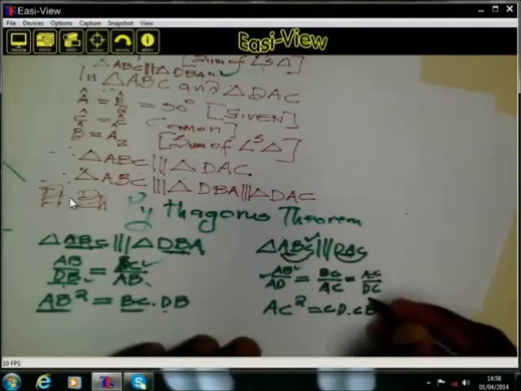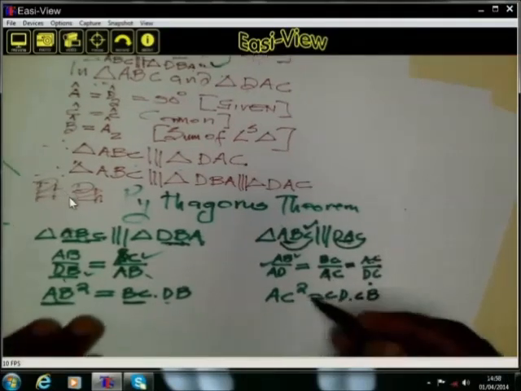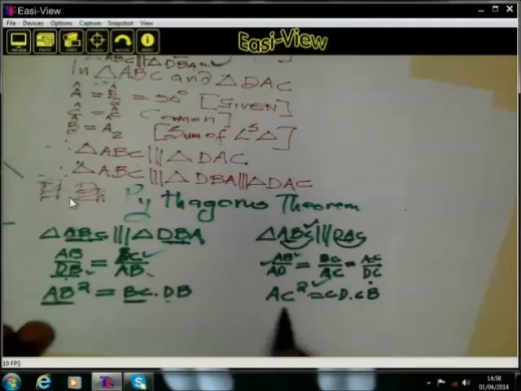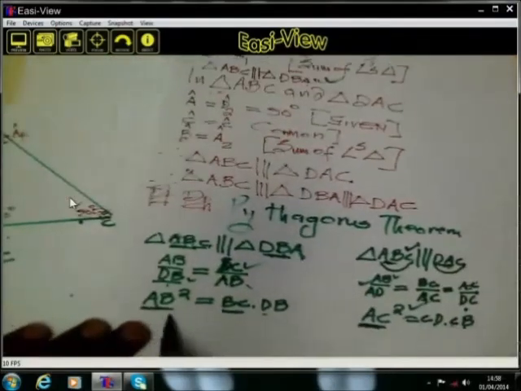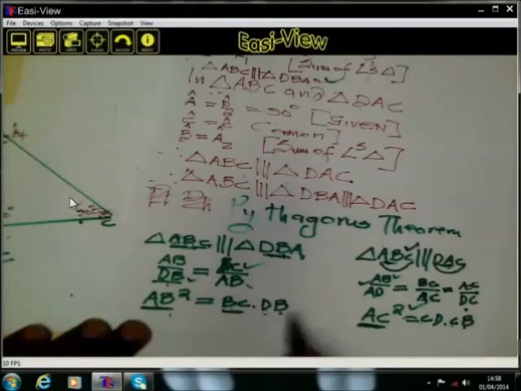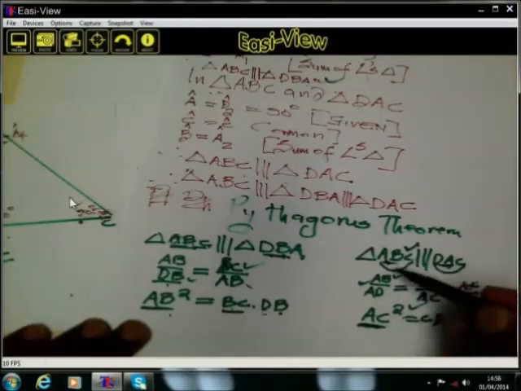I mean this multiplied by that. So I have proved that AC squared is equal to CD multiplied by CB, when AB squared is equal to BC multiplied by DB. I mean, this one, I've taken it from here.